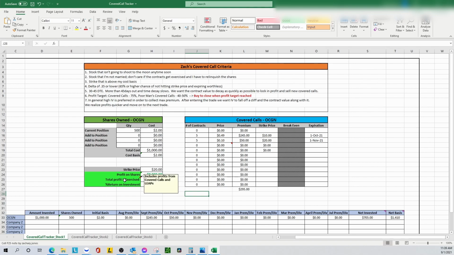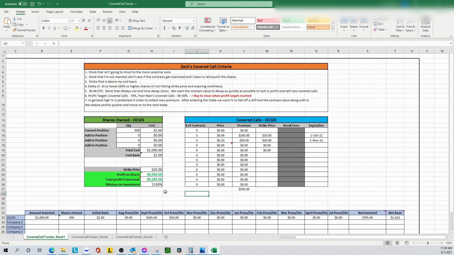So our total profit, if the contracts get exercised at this $20 strike, would be essentially $9,300, which means that on our initial $1,000 investment, our return on that investment is 1,300%. You don't have to be a genius to realize that's just hitting it out of the park, right?